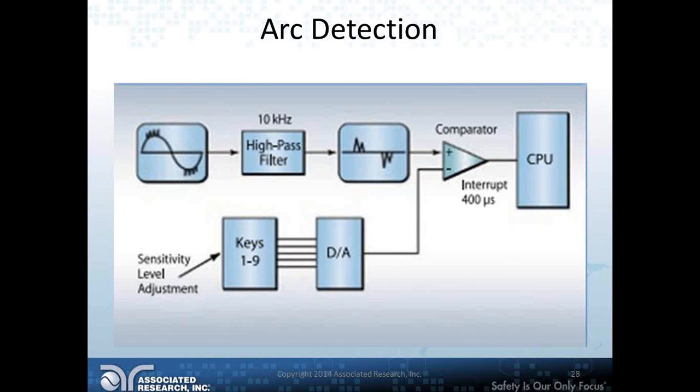For example, if during a high-pot test an arc failure occurs, that does not mean that the high-pot test itself has failed. It is just the arc detection that has detected an arcing condition during the high-pot test, and that does not mean the high-pot test did not pass.